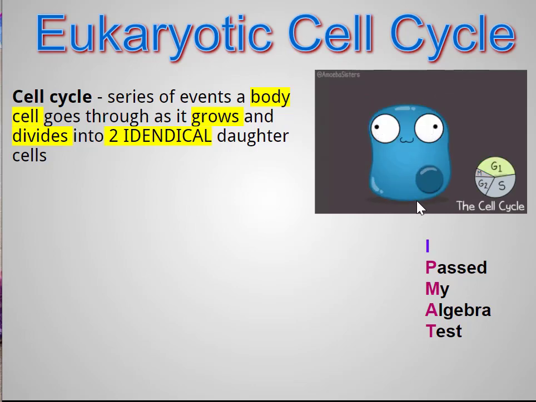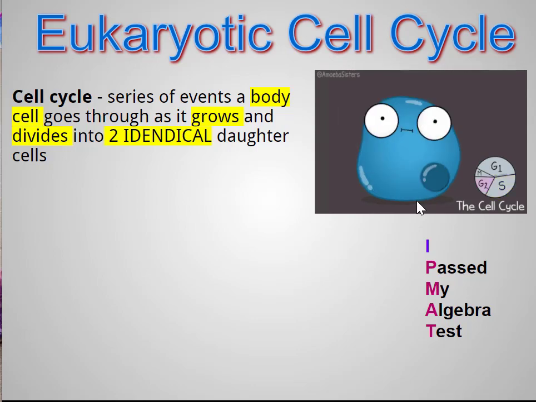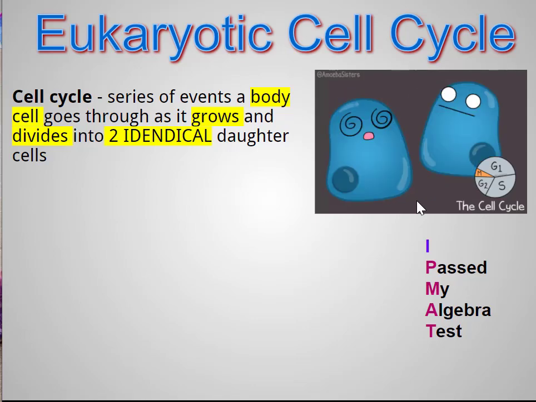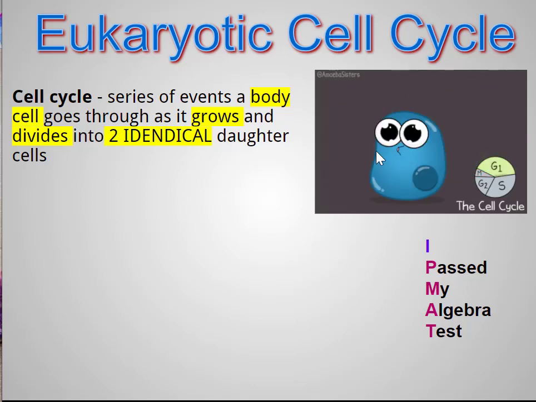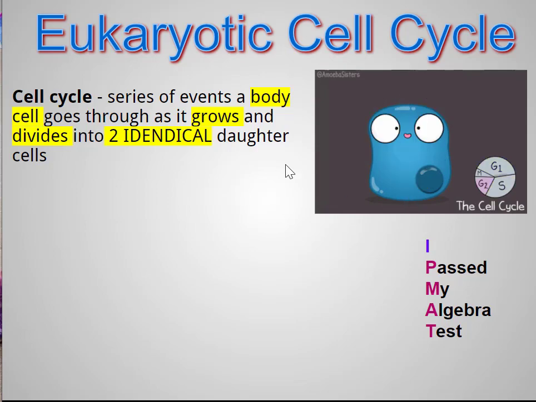But every other cell in your body goes through the cell cycle. And what it does, it grows and then it divides into two identical cells. As you can see, in the little GIF over here, they divided. We got this cute little guy here. He starts dividing in half and he will make two identical cells.